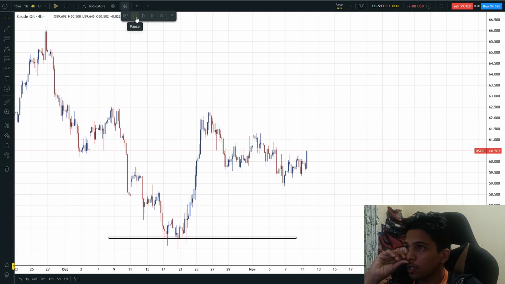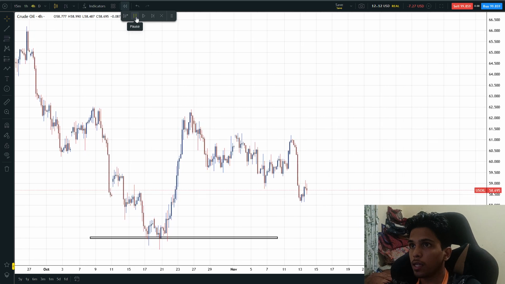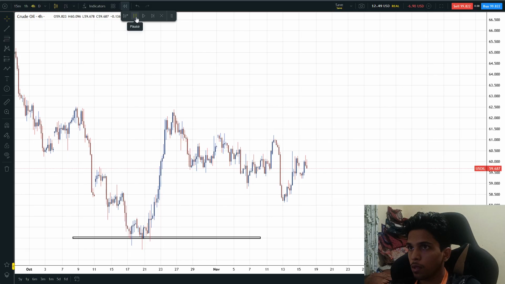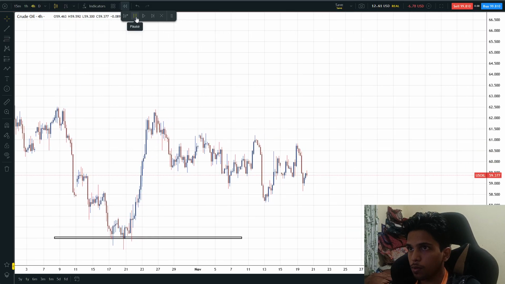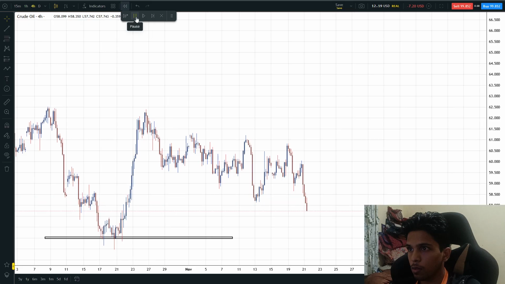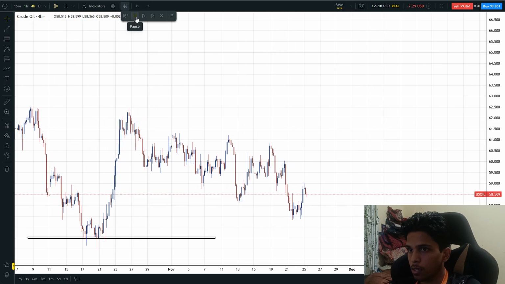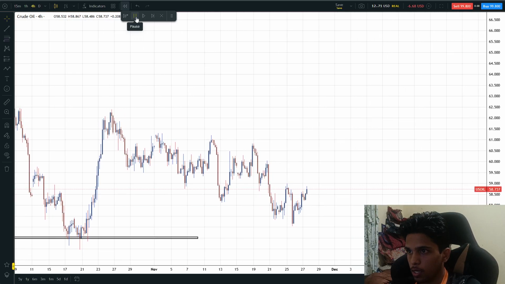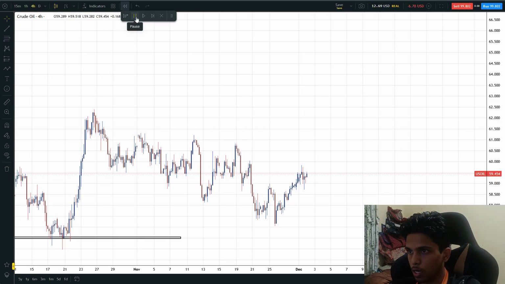Most of the time the market has been playing levels which it doesn't have to, but that is what is happening in the real world right now. As you can see here, the market hasn't touched that level, but it should touch. I think so, but the market is not interested in touching that level.